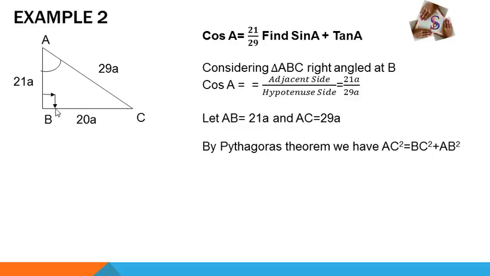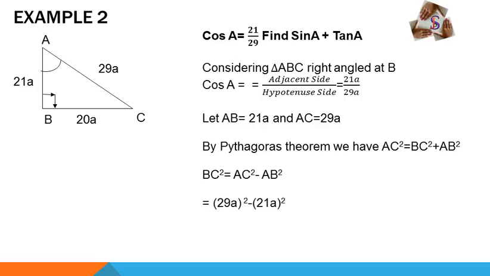It states that the hypotenuse square is equal to the sum of the squares of the other two sides. Therefore, AC square is equal to BC square plus AB square. So we need to find BC square, and we bring it to one side: BC square is equal to AC square minus AB square.